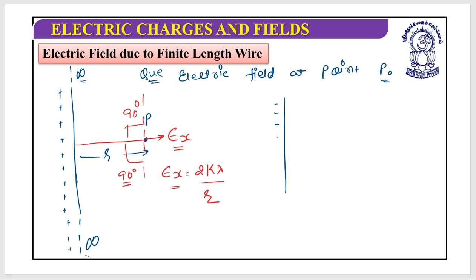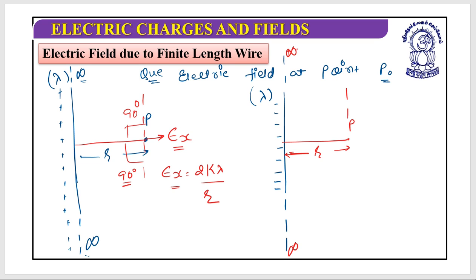Let's say this is a linear charge density but with negative charge. This charge is lambda, and again it has been extended from infinity to infinity. You need to find the electric field at this point.